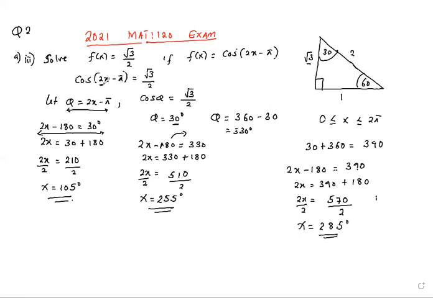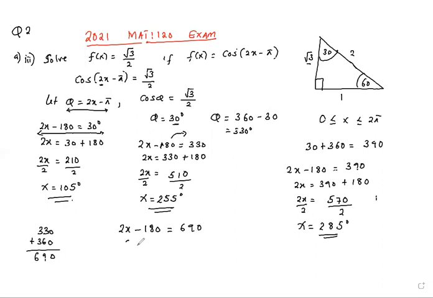So you still have to get another coterminal there. Let's get the coterminal for 330. The coterminal for 330 is going to be 330 plus 360, you get 690. So we have 2x minus 180 is equal to 690.